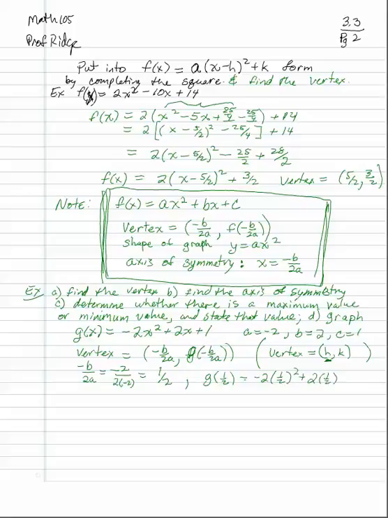So 2 times 1/2 plus 1. Punch that in your calculator. So that will be 3/2 or 1.5. So our vertex is (1/2, 3/2). And then, so that's A.